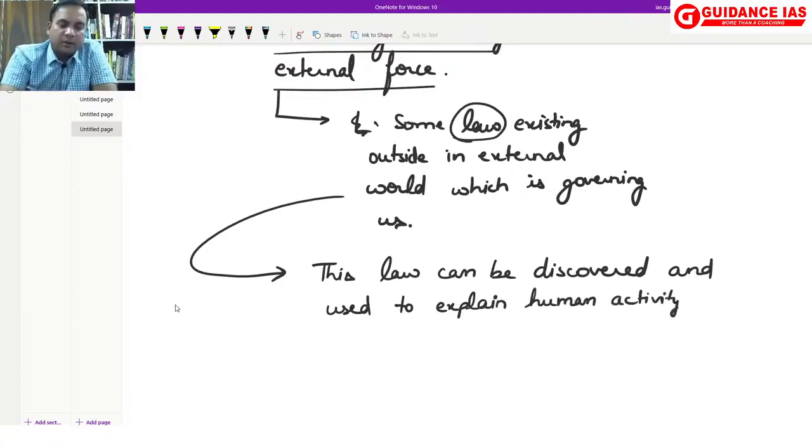Yes or no, true or false? This law can be discovered and used to explain human activity. Obviously yes.